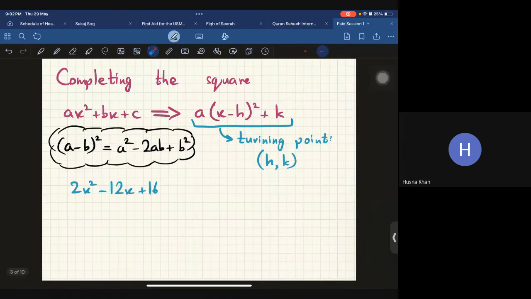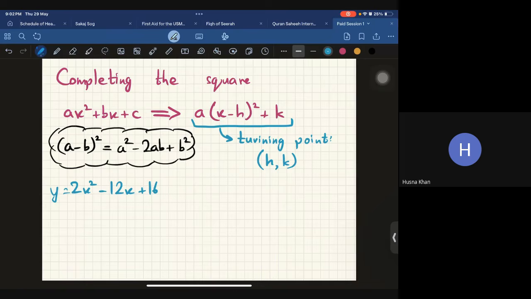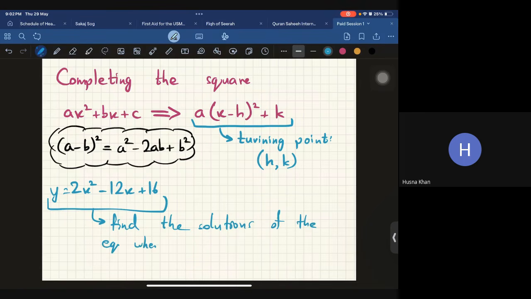So if someone gives you this equation, y equals 2x squared minus 12x plus 16, and then says find the solutions of the equation when y equals 0 or y equals something. When it comes to solutions, they'll be giving you a certain value of y, or they'll just give you the equation as 2x squared minus 12x plus 16 equals 0. Solutions exist only when there is a full equation with only one variable.